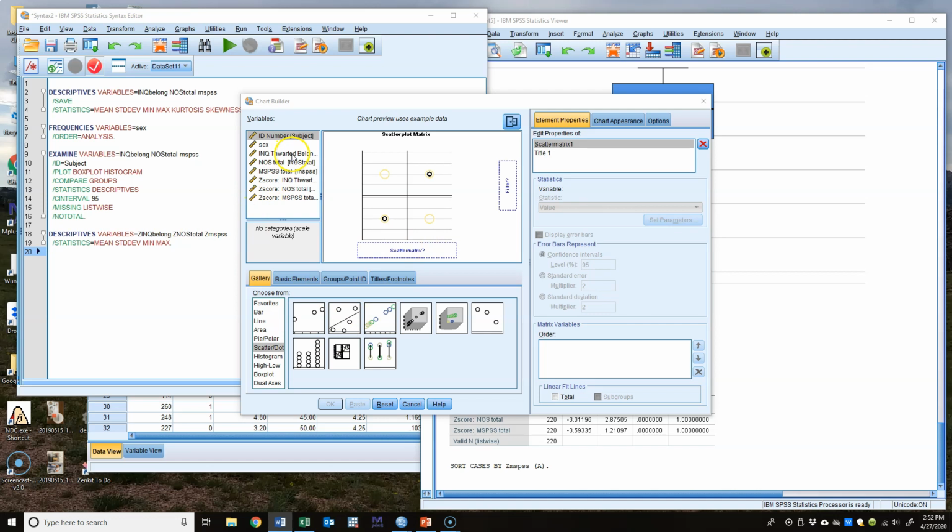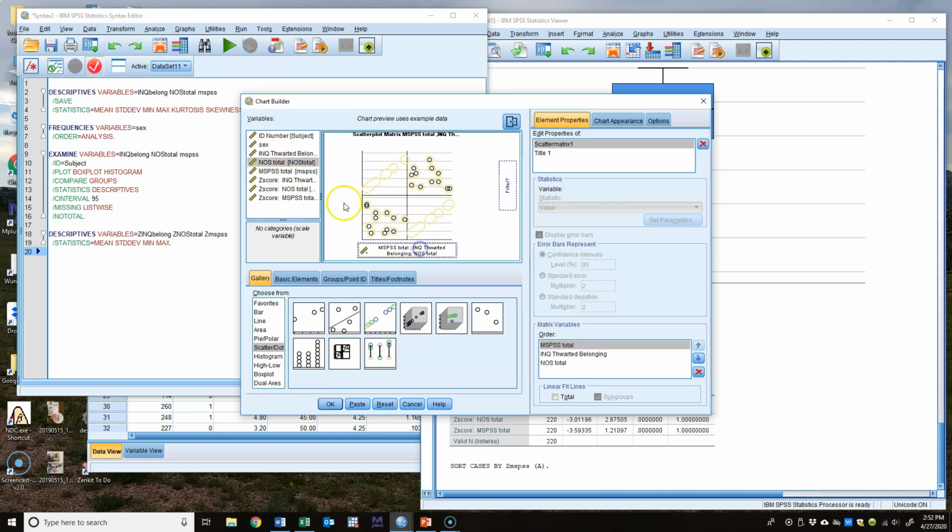I'm going to order this up. MSPSS is my output, or my dependent variable, so I'm going to put that in there first. And then I'm going to include thwarted belongingness and my NOS score. And then I'm going to put participant sex at the last.